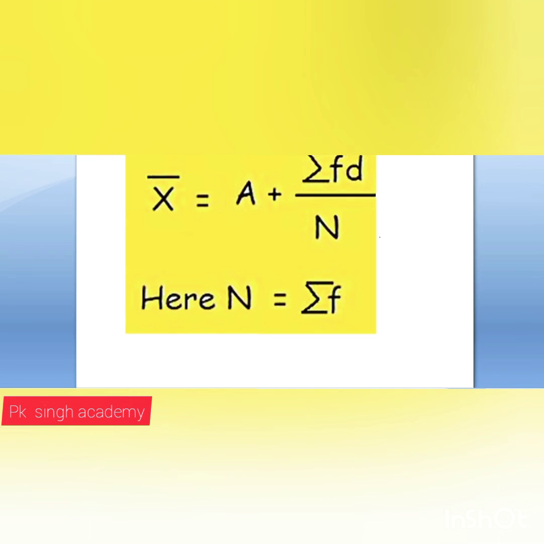The formula: A is the assumed mean, F is frequency, D is the deviation. Just remember one thing, the sum of deviations will always be 0 in the case of the arithmetic mean. This is one of the properties of the arithmetic mean.